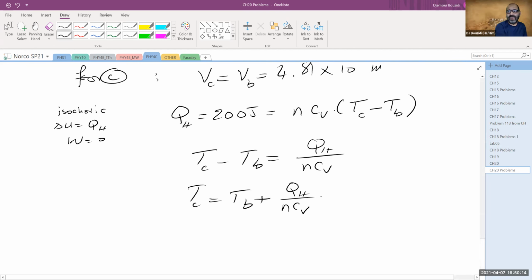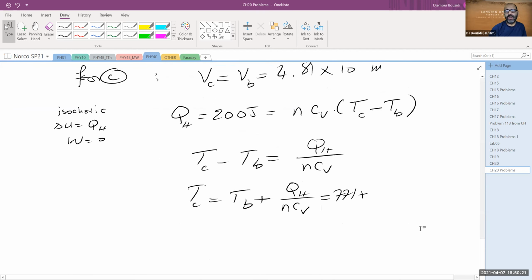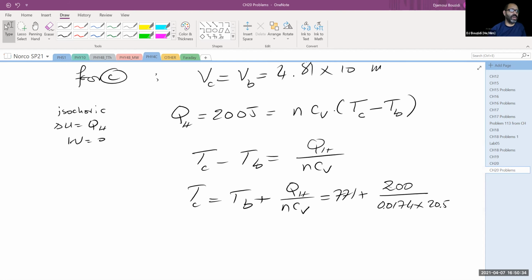So the first one was 771 Kelvin. We just found how much TB was, plus Q hot, which is 200 joules, divided by the number of moles, which is 0.0174, times CV, which is 20.5. That's given to us. And everything is in SI, so I'm not worried about the units.